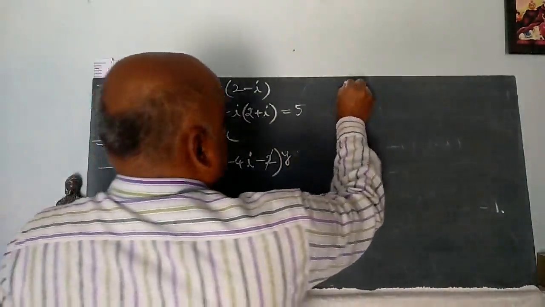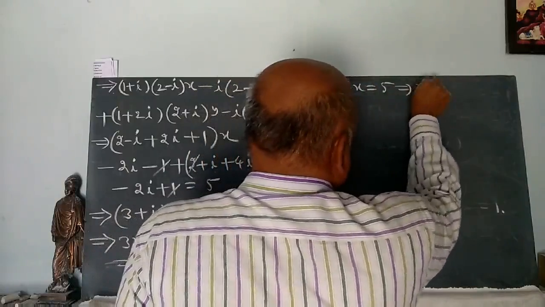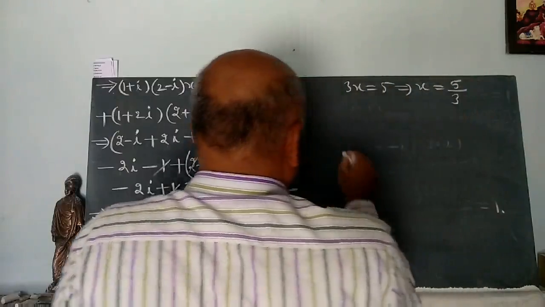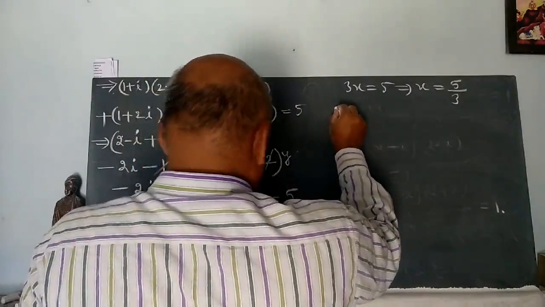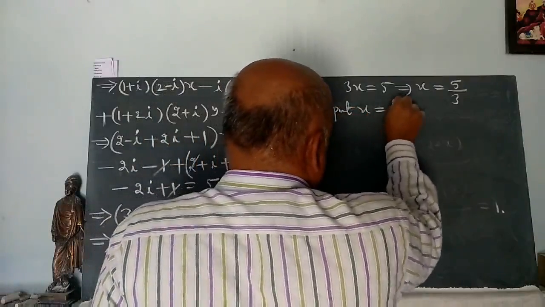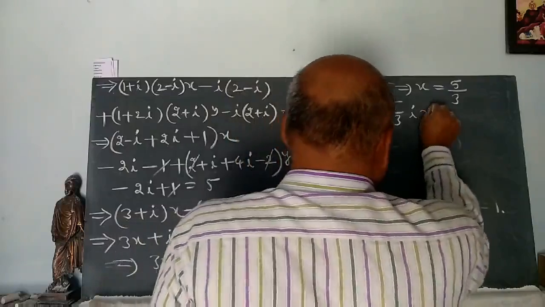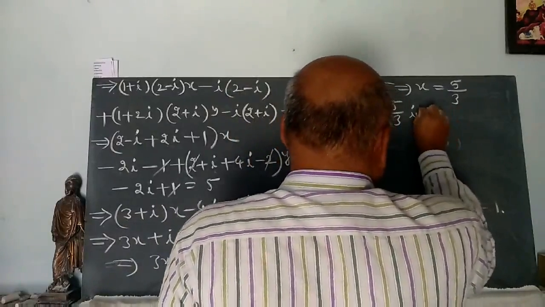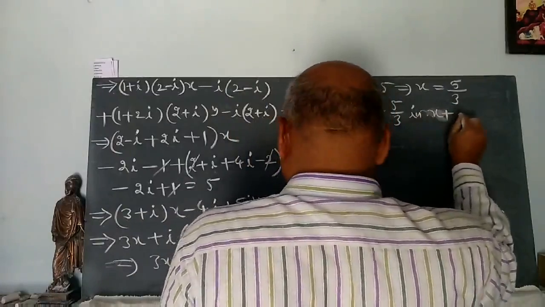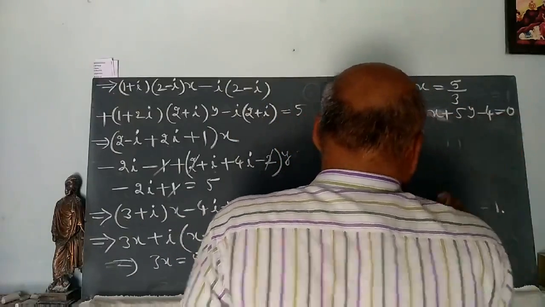Put x equal to 5 by 3 in x + 5y − 4 = 0.